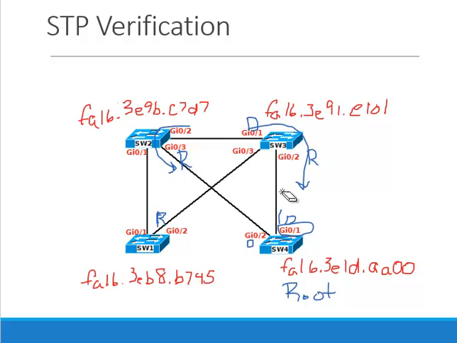So this guy here becomes designated. I'm going to clean out my lines again. So far so good. Let's go to the next link that we have to worry about. This link here, this one here is already the root.